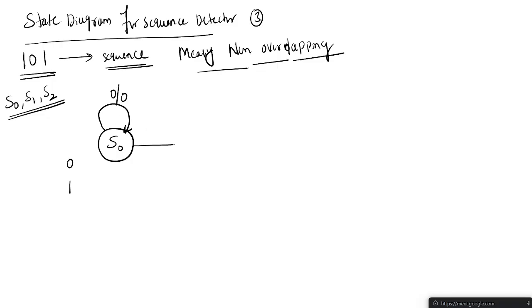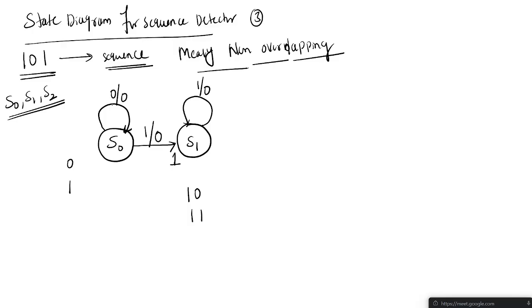If it is 1, it goes to the next state, and you didn't get the sequence yet, so the output is 0. After 1 you can get 1 0 or 1 1, no? You can expect 0 or you can expect 1. If it is 1, it will be in the same state.